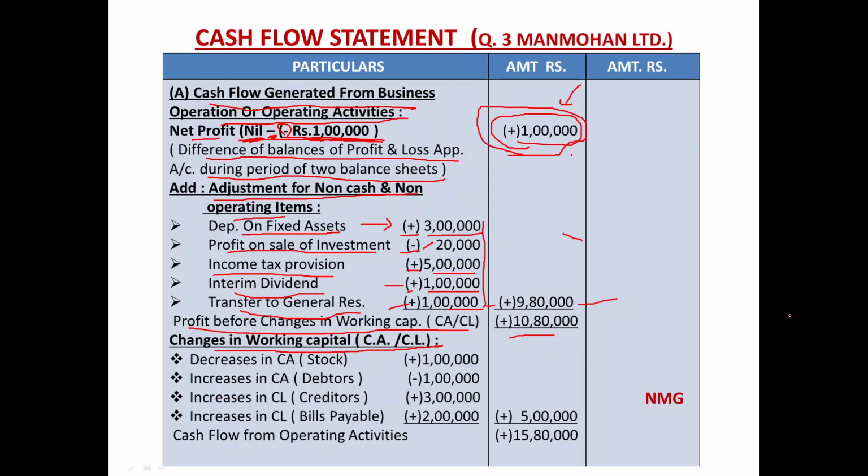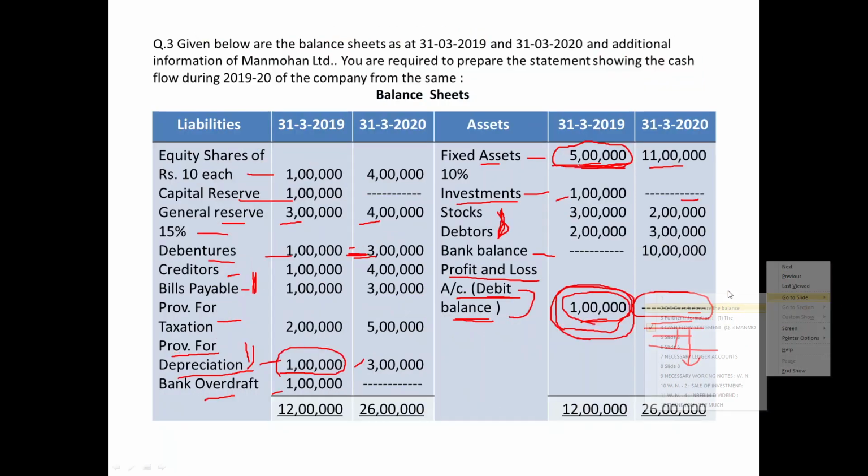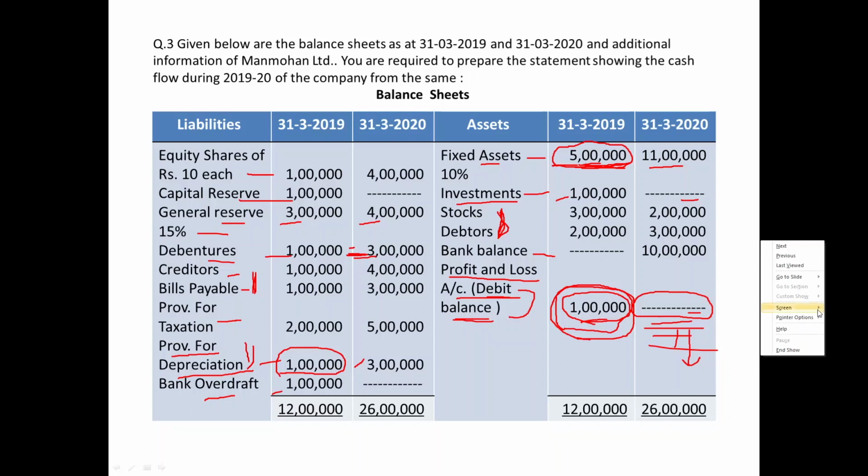Have a look at the balance sheet once again. Stock and debtors. Stock indicates a decrease, 3 lakh versus 2 lakh. Debtors indicates an increase, 2 lakh versus 3 lakh. So let us apply the relationship.